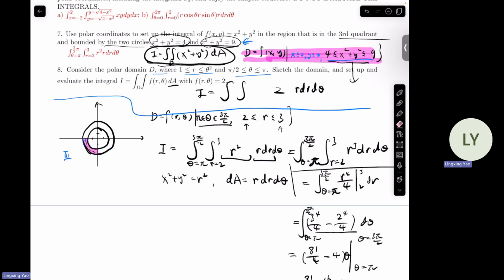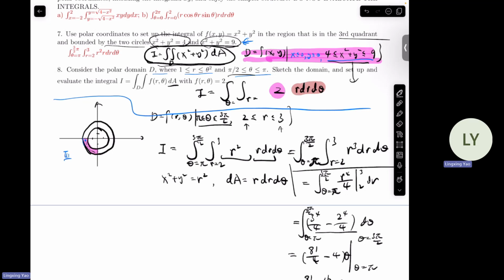Well, maybe we should think about this carefully. So the dA is this piece, the integrand is this piece. Okay, and then we have r for the interior integral, theta is for the exterior integral.